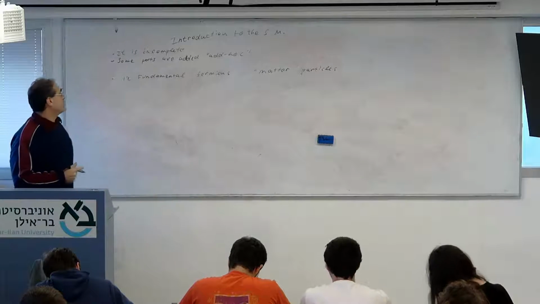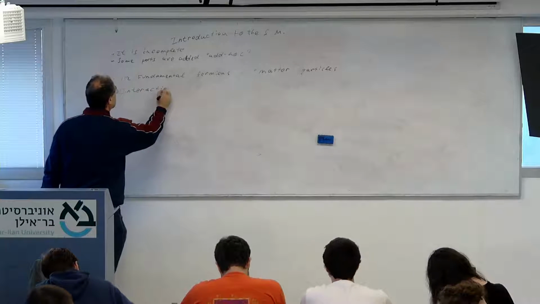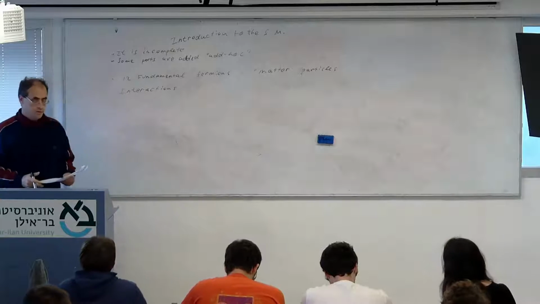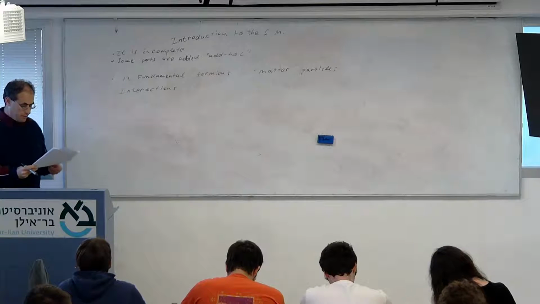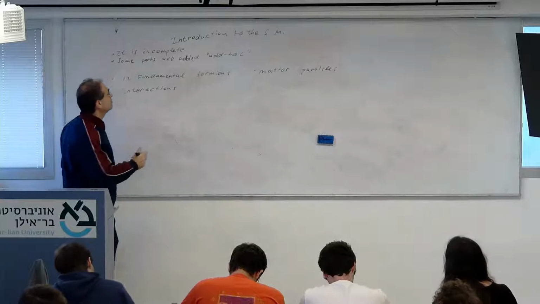Then we say there are the interactions. They are mediated by other types of particles, which are known as the spin 1 bosons or gauge bosons.